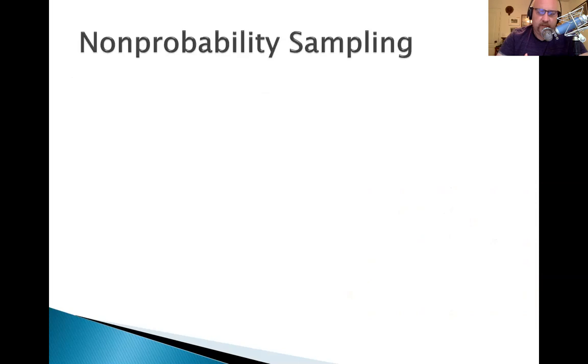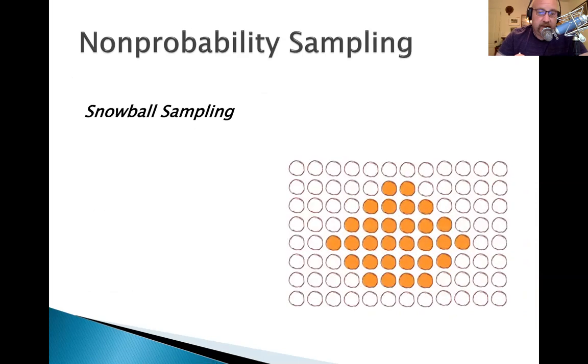With non-probability sampling, right now we're missing out on any kind of randomness that might be necessary to avoid bias or sampling error. But in some cases, it's tough. It's really, really tough to do legitimate random sampling, with proportional control or not. So sometimes you're going to rely on snowball sampling, for example.